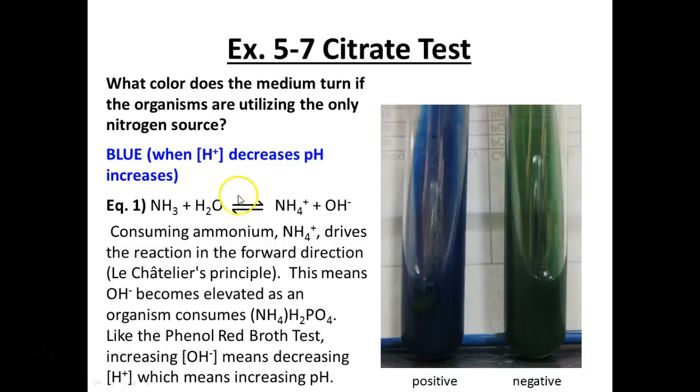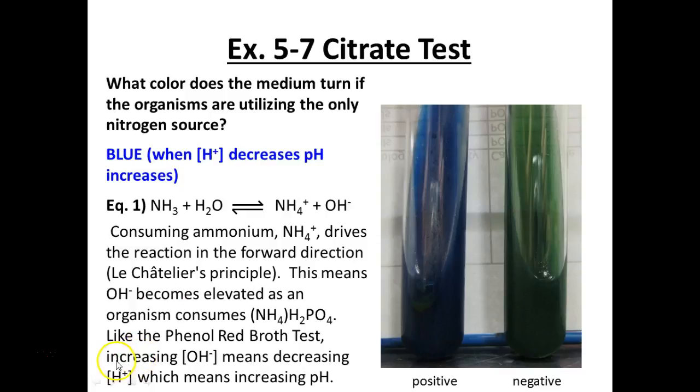Oh, good news, I'm not asking you specifics. Yes, it loses hydrogen ions. Again, when hydrogen ions decrease, pH goes up. That's the important thing, as it consumes the ammonia.